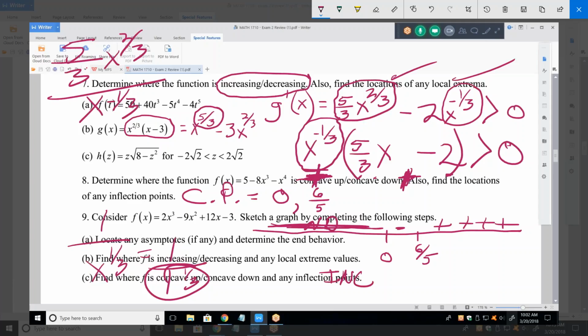Give it to me in interval notation. Tell me whether it's parentheses, brackets. Parenthesis 6/5 comma infinity. Okay, and decreasing. A parenthesis 0 to 6/5.